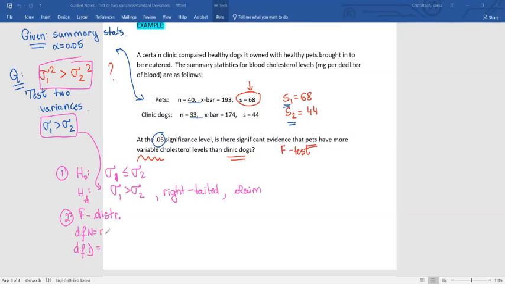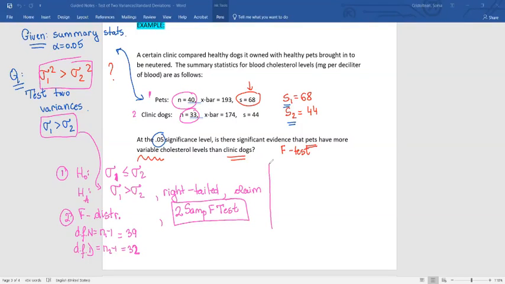Since we use this one as the first one and this one as the second one, we have degrees of freedom for the numerator, 39, and degrees of freedom for the denominator, 33. Oh, 33 minus 1, which is 32. Okay? And now we will simply do the two sample F test and look at the results. And we'll write down the results right here.